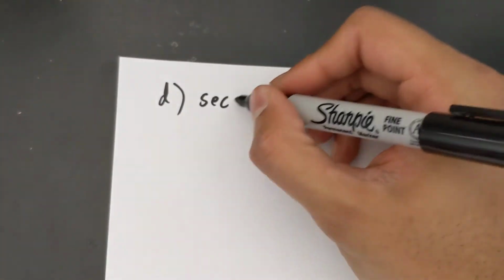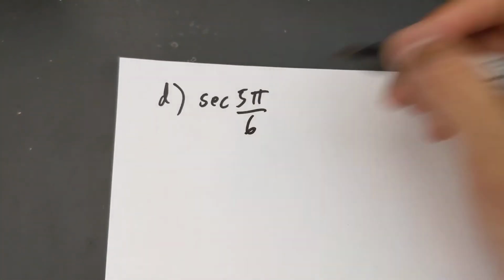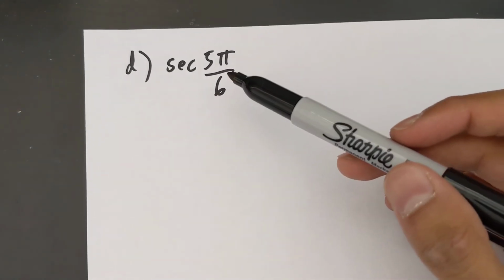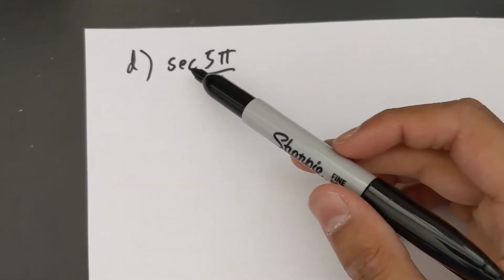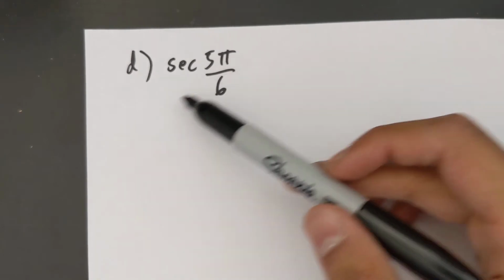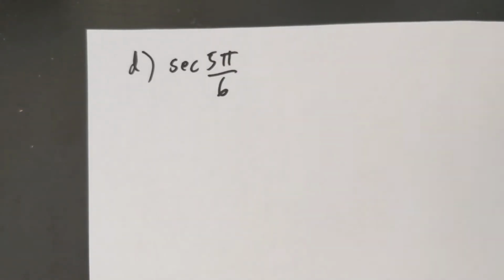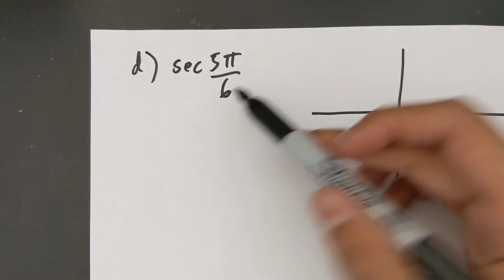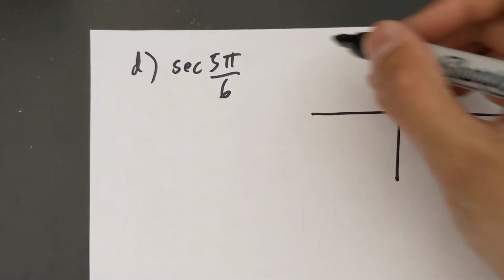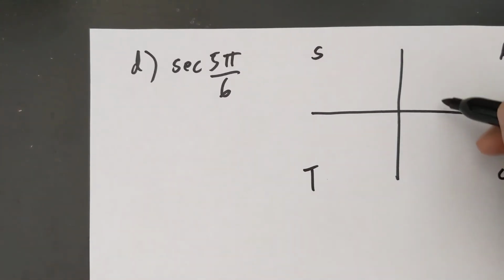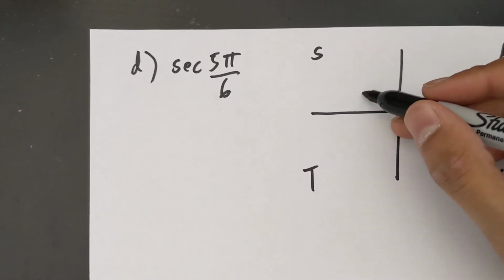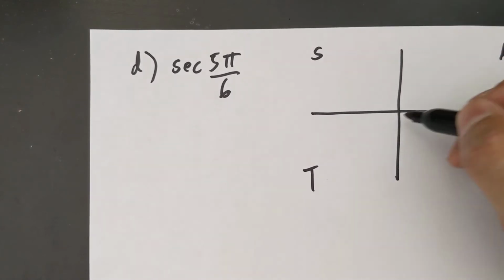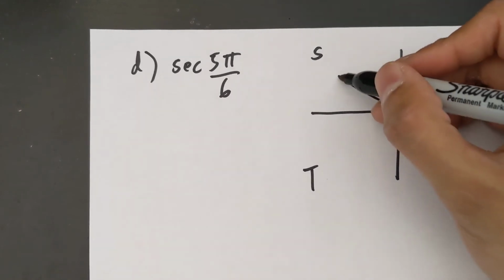So sec 5 pi over 6. Just one thing to note for these questions, sec is just 1 over cos. So sec follows pretty much the same rules as cos. Okay, my denominator is 6 over there. So I know it goes 1, 2, 3, 4, 5, 6. So 5 pi over 6 is right over here.